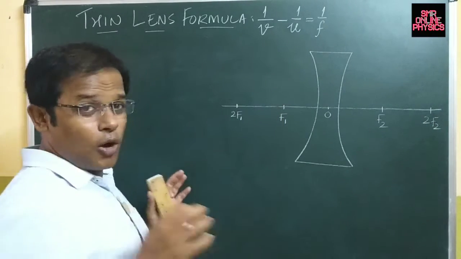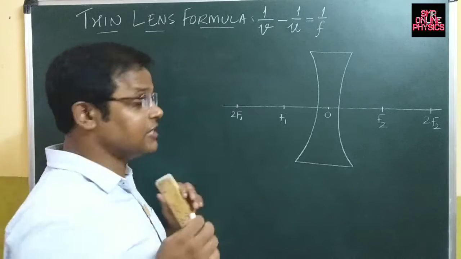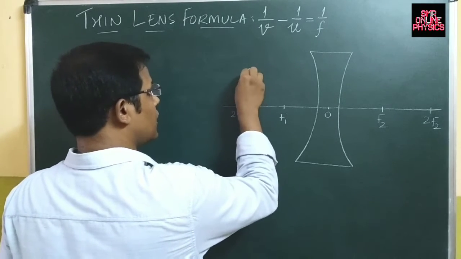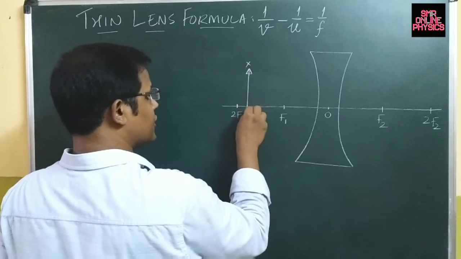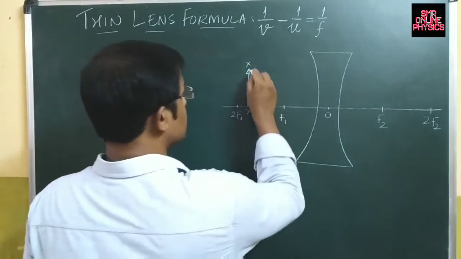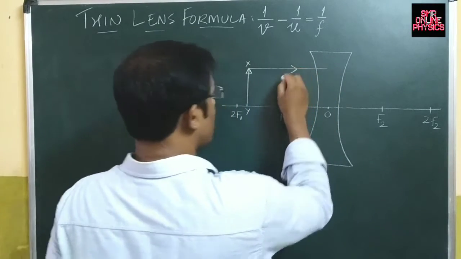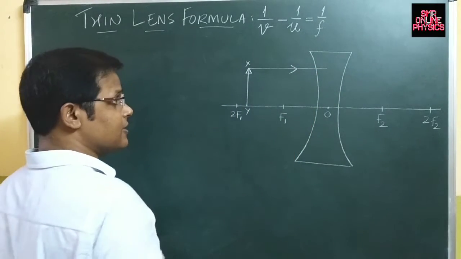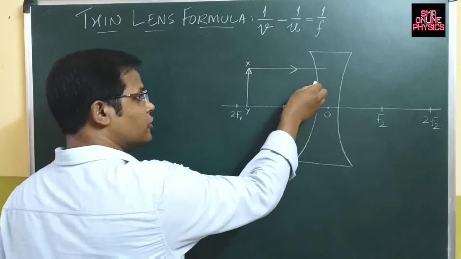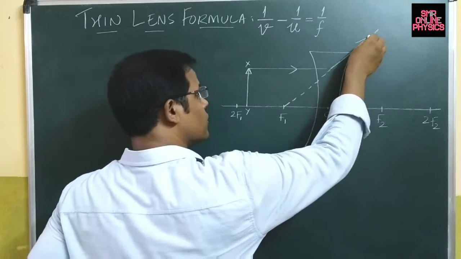So if I place the object anywhere in between infinity and the optical center, we'll always find the same kind of image. So let us term the object as XY, referring to the size of the object. A ray of light emitted from the object parallel to the principal axis always seems to diverge away from a virtual point on the principal axis that is called the focus.